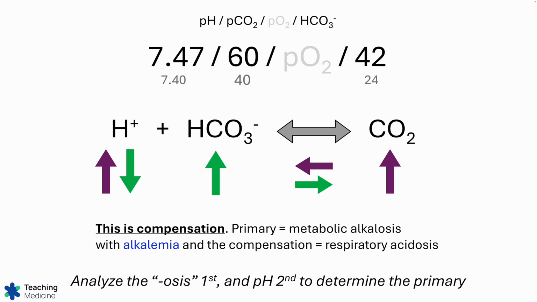Therefore, we have a primary metabolic alkalosis with alkalemia, and we do have compensation, but this time the respiratory process is compensatory. So in this example, the metabolic process is bigger than the respiratory process, and we know this because the pH is alkalemia. It's greater than 7.45.